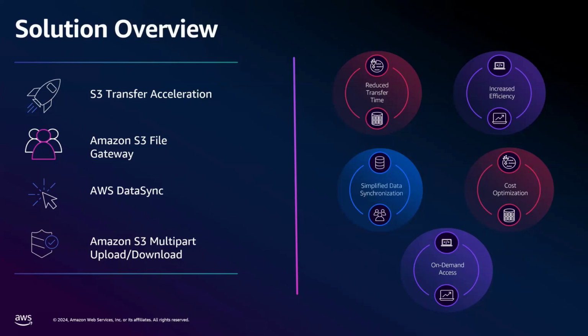Additionally, AWS DataSync was configured to automate and accelerate file transfer between on-premise systems and Amazon S3, ensuring that media files were regularly synchronized without complex scripting. Finally, they also utilized S3 multipart upload and download to efficiently manage large media files by breaking them into smaller parts for faster and parallel uploads and downloads, thereby enhancing transfer reliability.